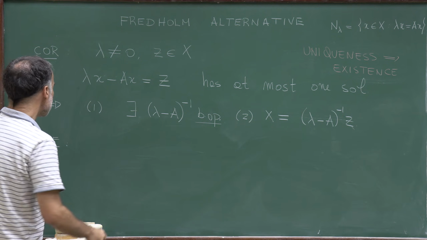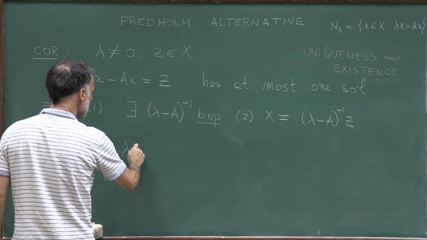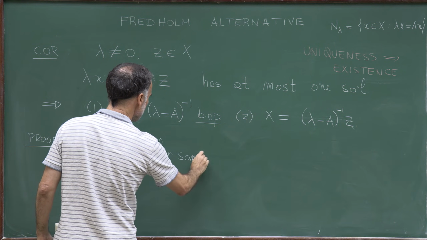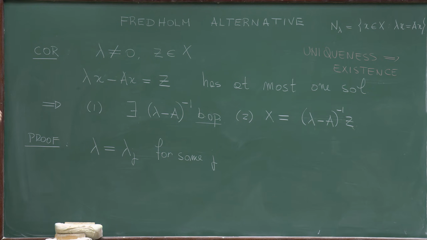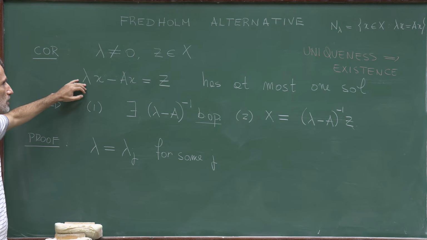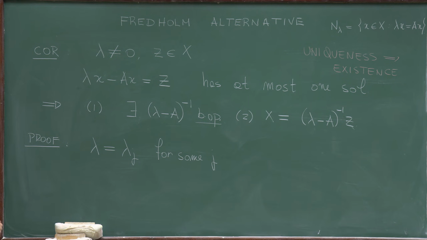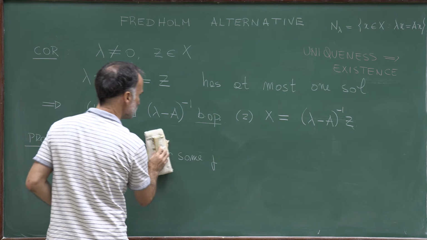Well, what I want to show you is that if there is at most one solution, then λ is different from λ_j for all j.